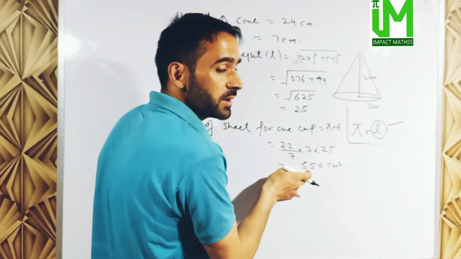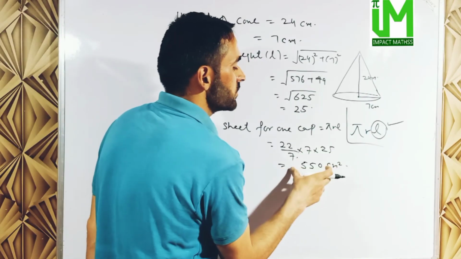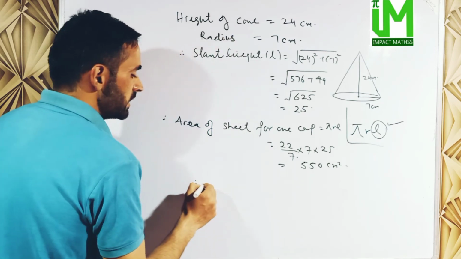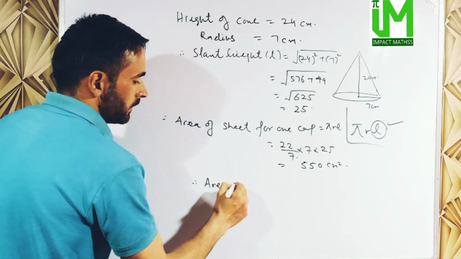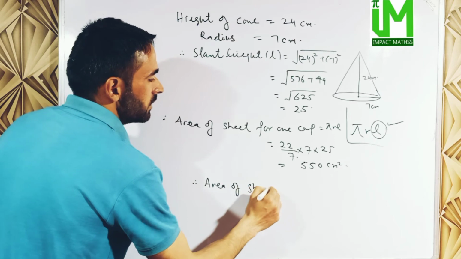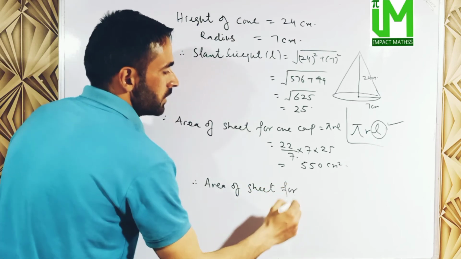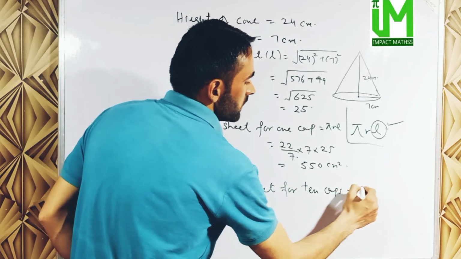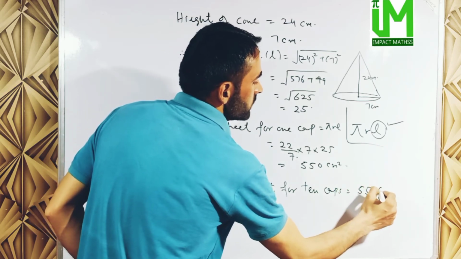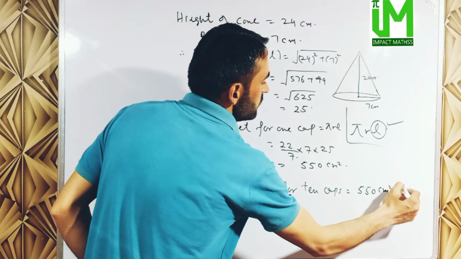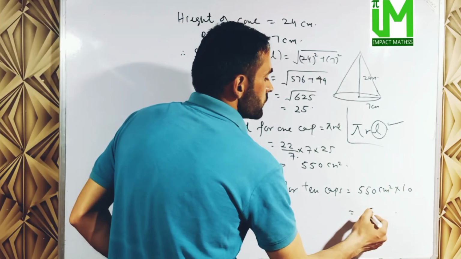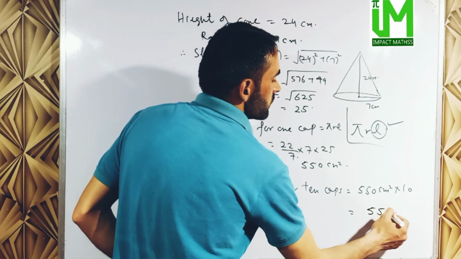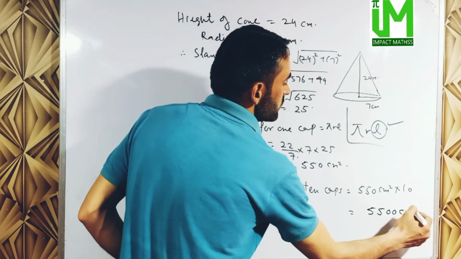What is the area of 10 caps? Simply multiply by 10. So therefore the area of sheet for 10 caps will be 550 centimeters square into 10, which will be 5,500 centimeters square.